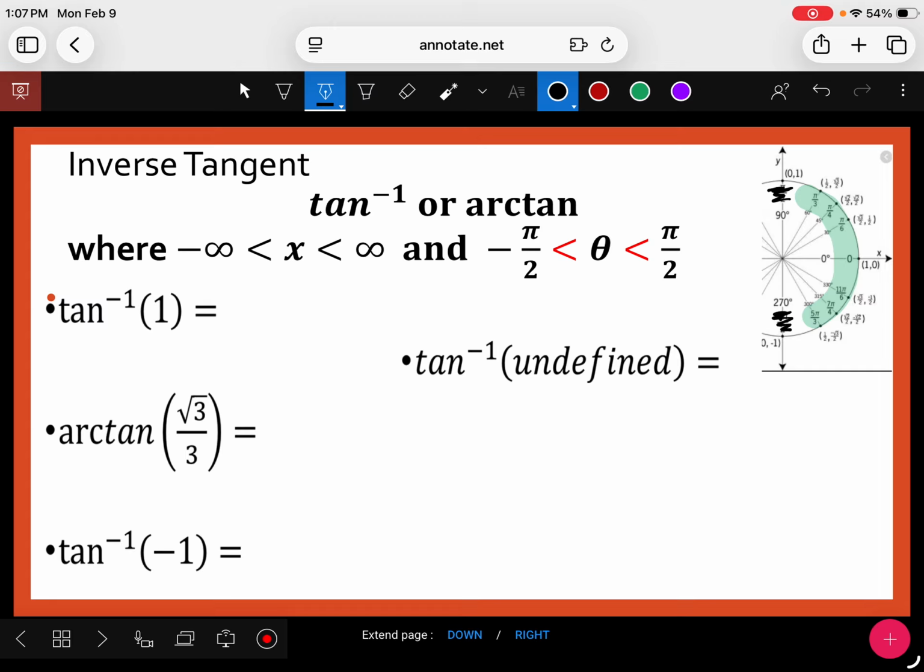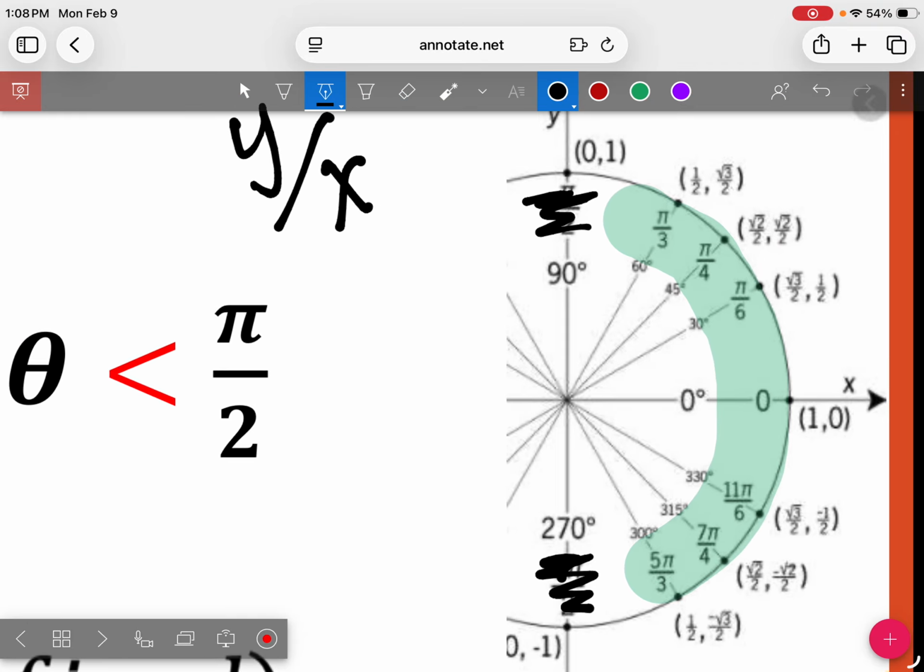Okay. So tangent is a little different, right? Because we have to divide to get tangent. Remember, tangent is y over x, okay? So looking at quadrants 1 and 4, what angle do you think is going to give me a tangent of positive 1?